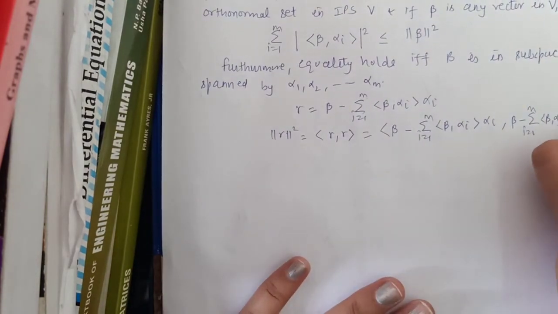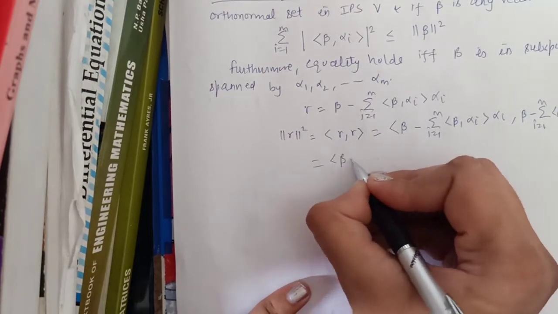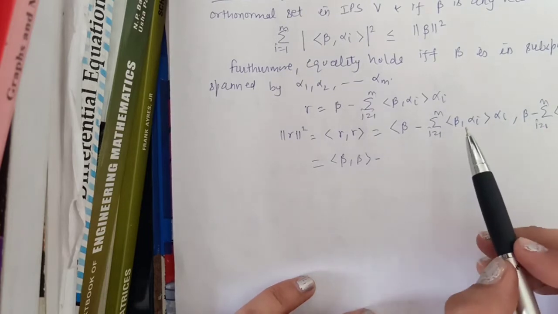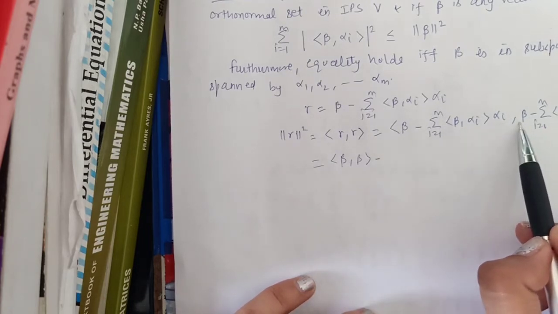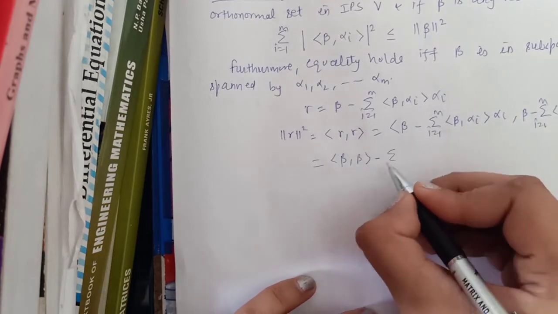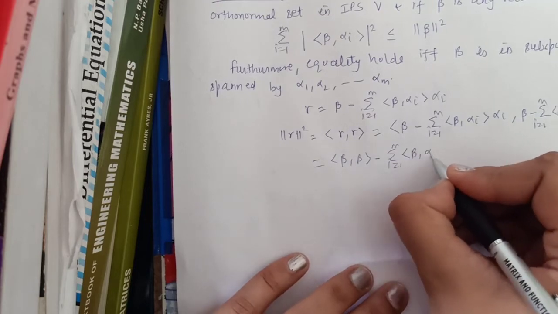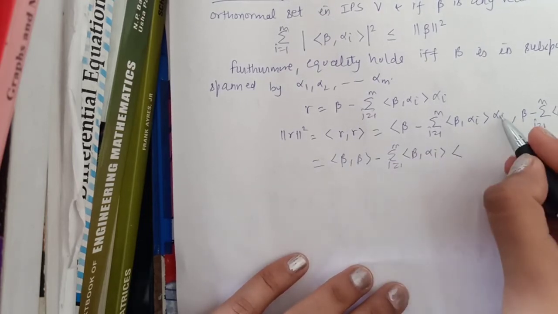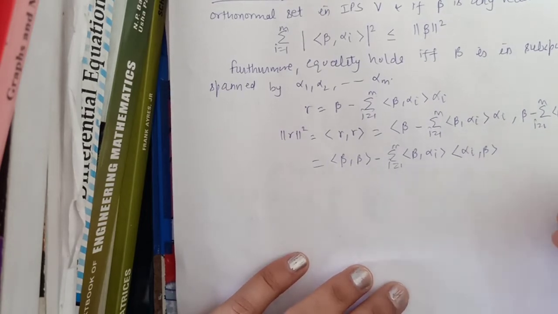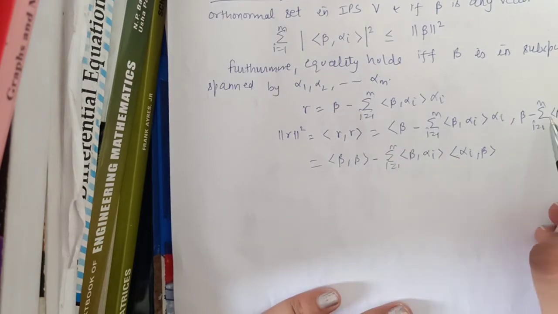So inner product of beta with beta minus, now look, I'm taking the inner product of this term with beta. So this complete term will come out of the inner product since it is in the first variable, and we know the inner product is linear in the first variable, so we will be left with alpha i from here and beta from here.